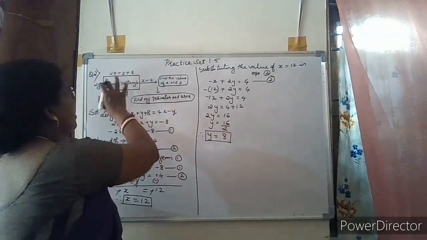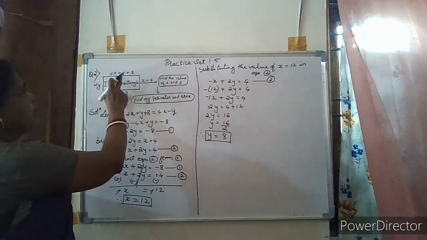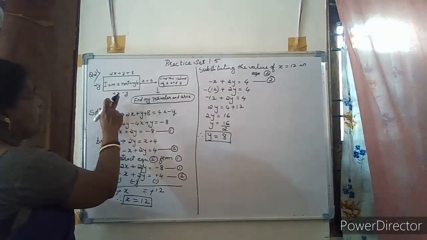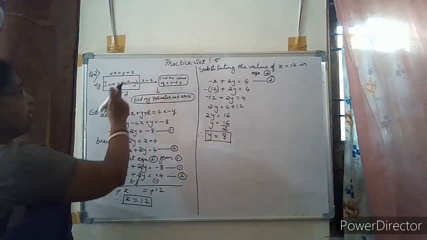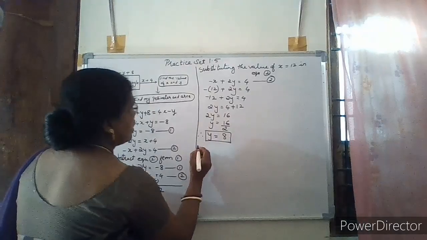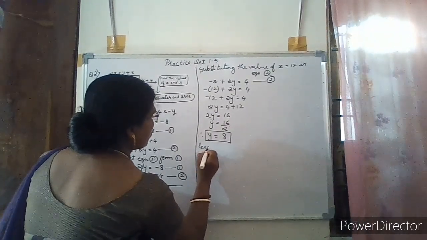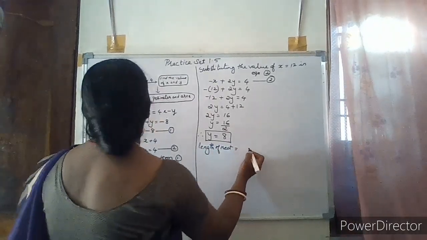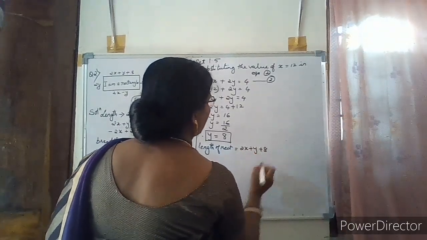Now let us find out the length of the rectangle. Here the length of the rectangle is given as 2x plus y plus 8, and here it is given as 4x minus 1. To find the length of the rectangle, we can take either this expression or that one. So let us take this. Length of the rectangle is equal to 2x plus y plus 8.